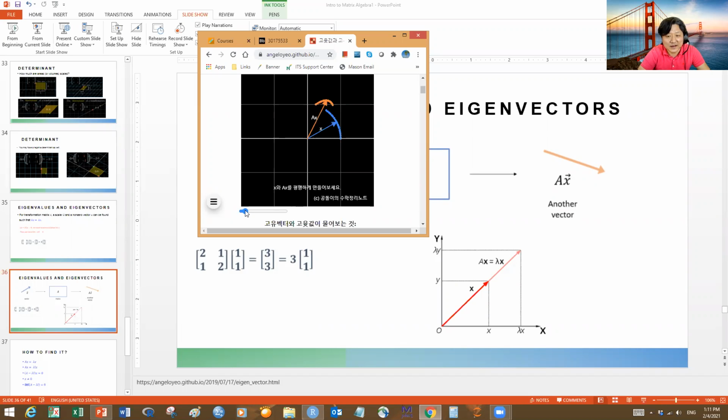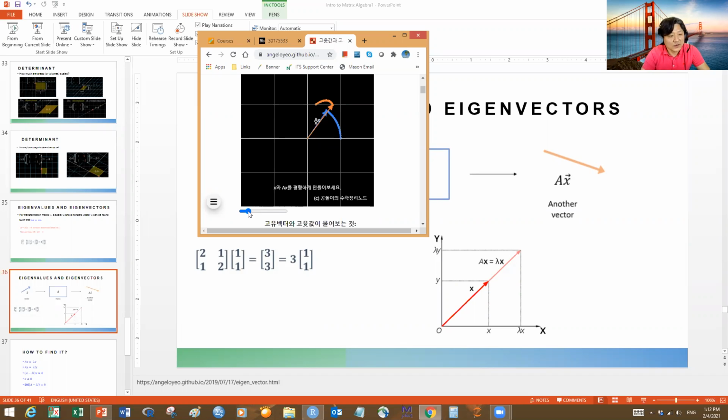You can see here, right? And at some point, these two vectors will overlap, like this. In that case, A times x is equal to some constant times x. Does that make sense? So that constant is called the eigenvalue, and the vector satisfying this relationship is called the eigenvector.